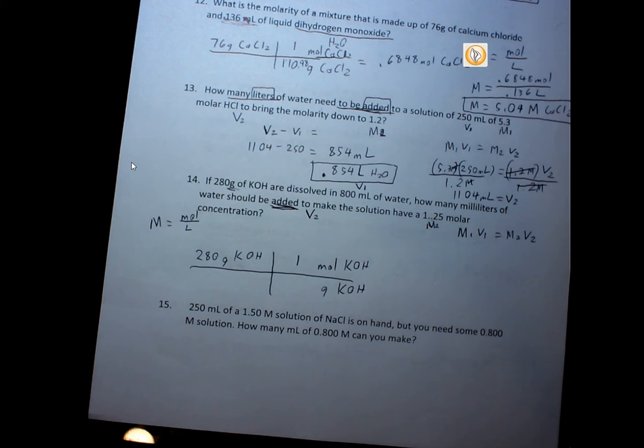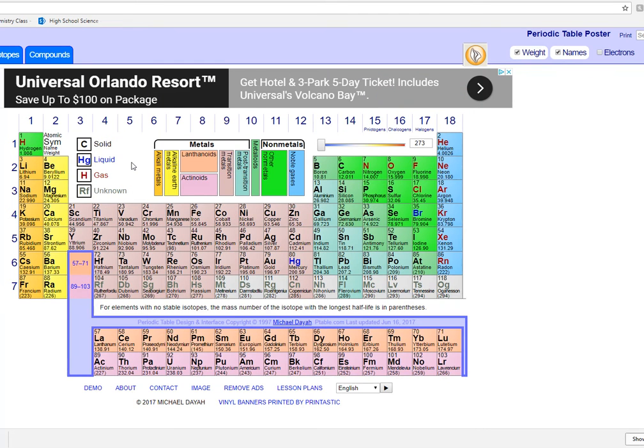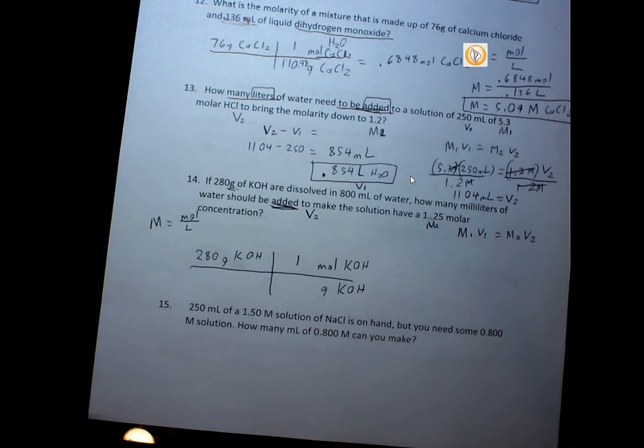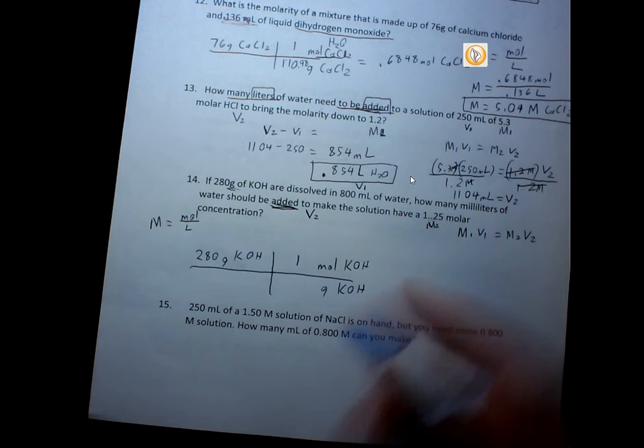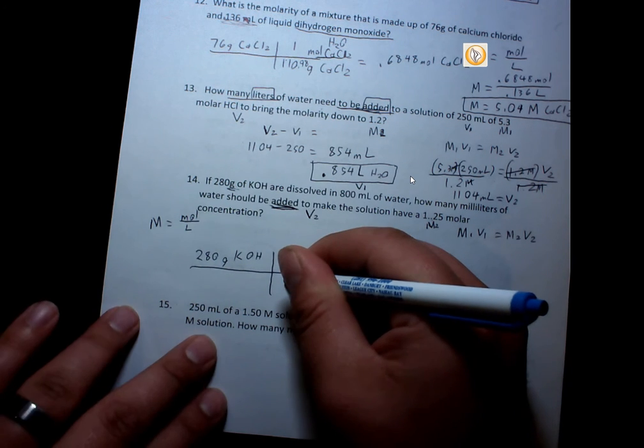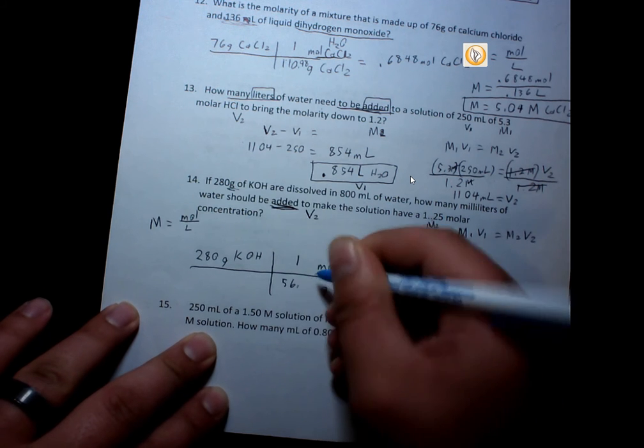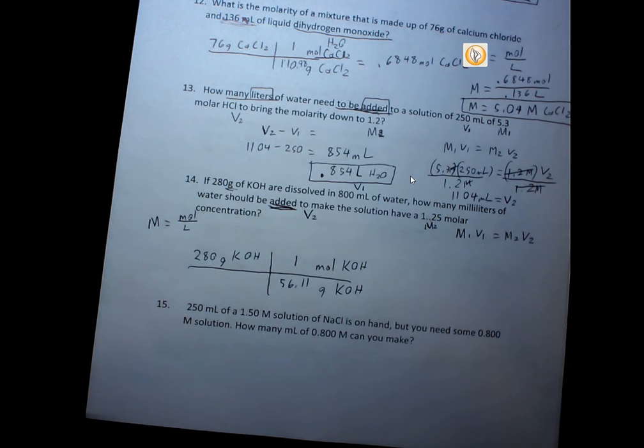Let's calculate our mass. Potassium, 39.1, plus oxygen, 16, plus hydrogen, 1.01. That gives us a mass of 56.11. We're going to divide that from 280.